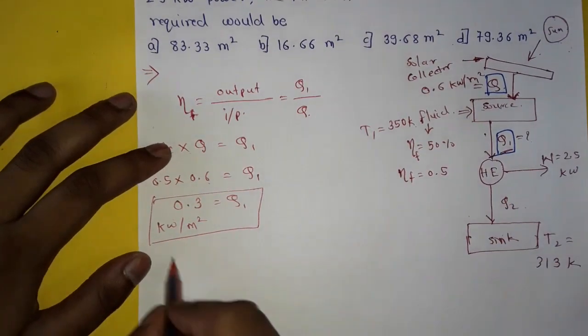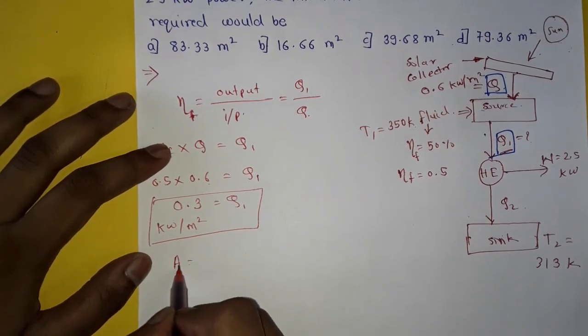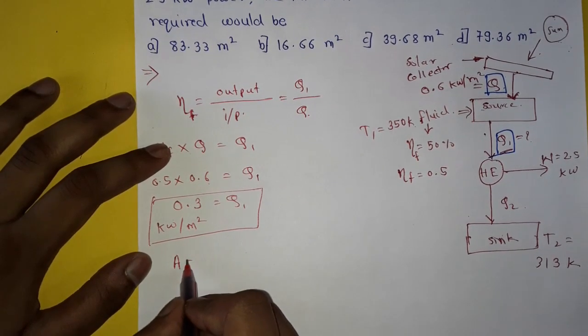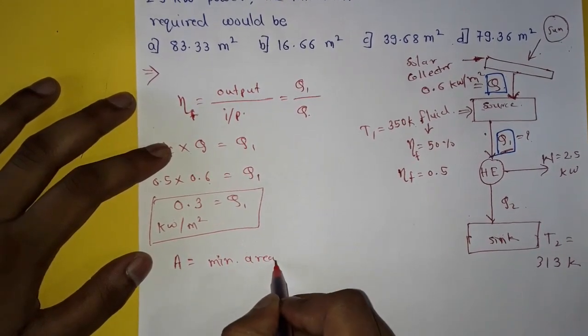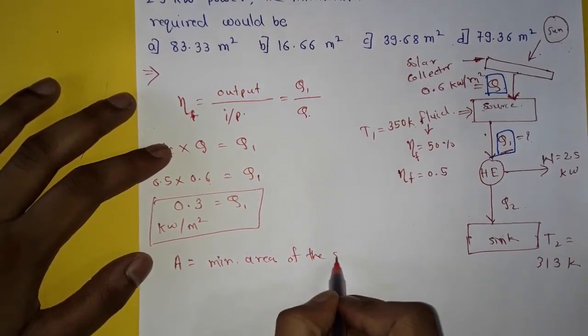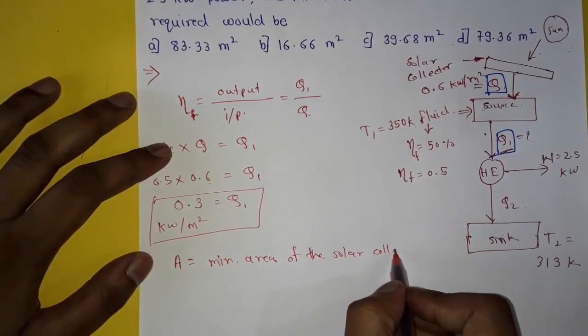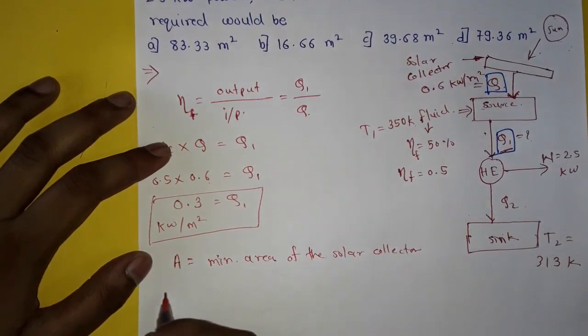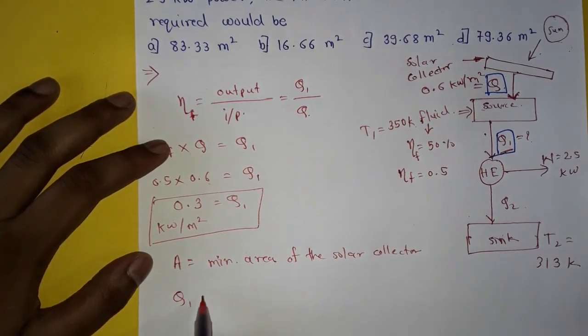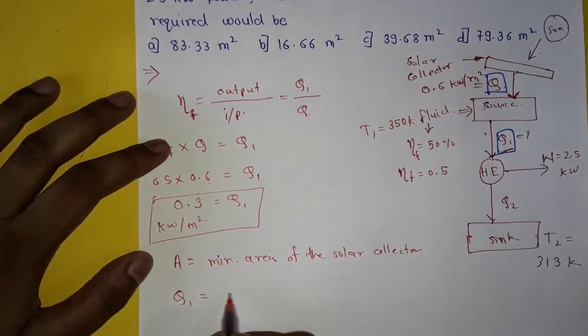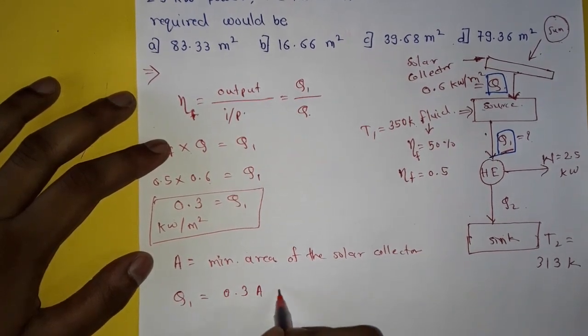Now let's take A as the minimum area of the solar collector. So now Q1 is equal to 0.3 A kilowatt.